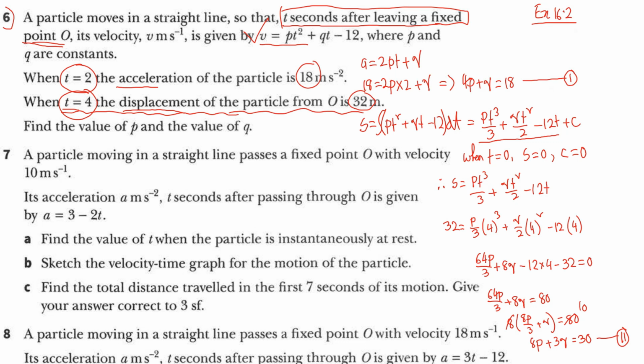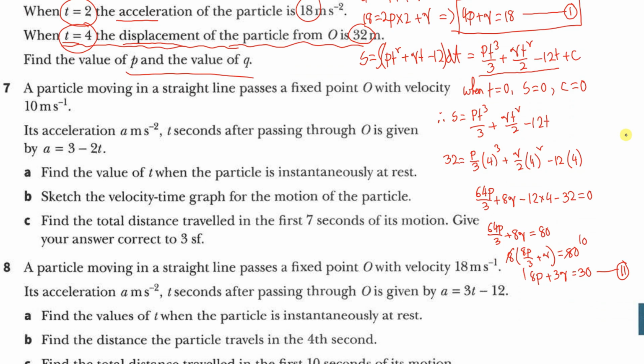So now our target is to solve these two equations. Then we will get the values of p and q, because the two equations are simultaneous equations. We have one equation 4p plus q equals 18, and another equation 8p plus 3q equals 30. If we multiply the first by 3, the equation is 12p plus 3q equals 18 into 3.